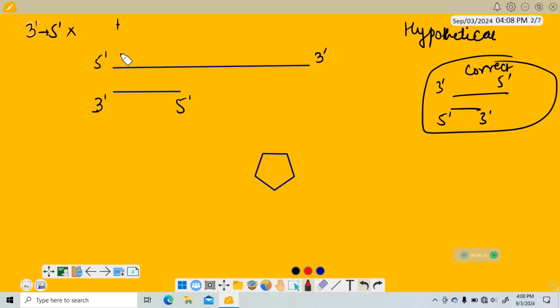Let's see: A T G G C C, then A T T C G A T G C. Here it will come T A C C G G. Now at the 5' position we have a triphosphate.